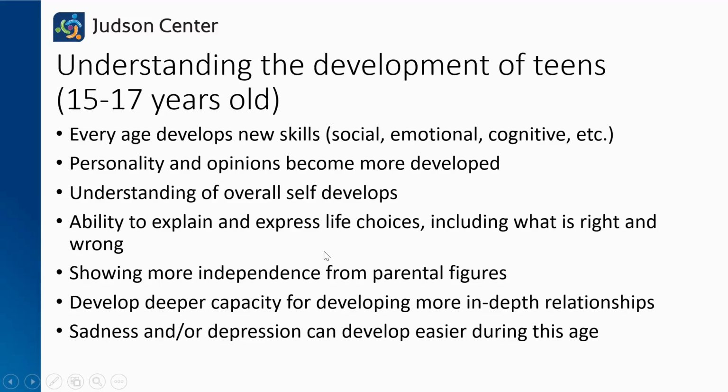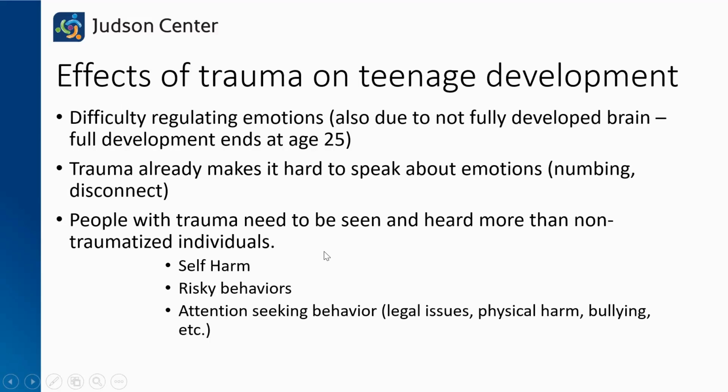Teenagers around this age show more independence from parental figures. They develop a deeper capacity for more in-depth relationships. And of course, sadness and depression can develop more easily during this age. These behaviors are often a cry for help.